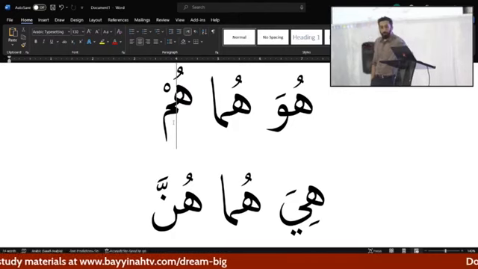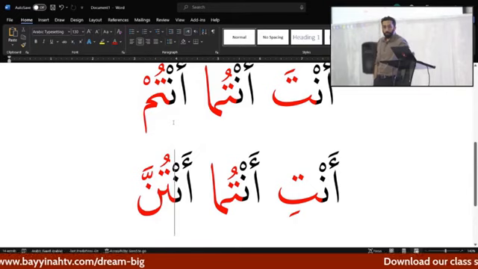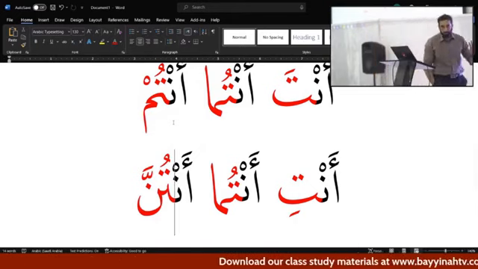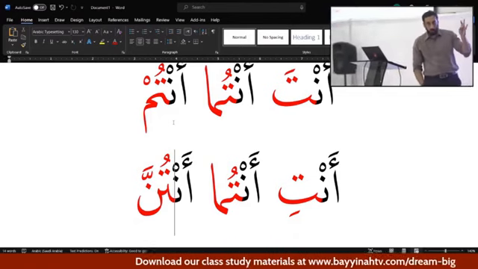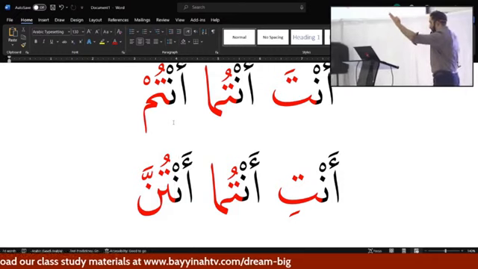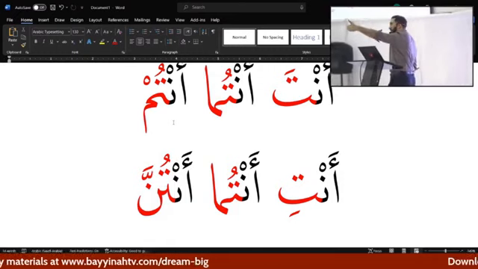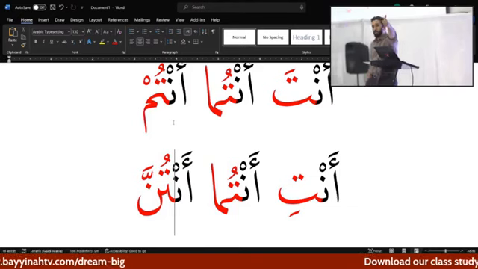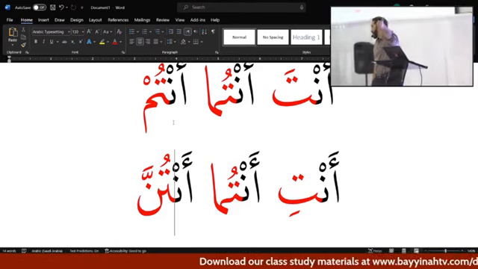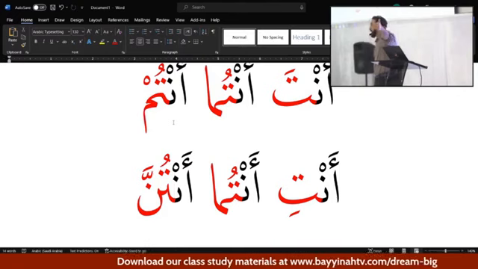Let's try it. If I say, what are the 4 properties of anti? I want status, I want number, I want gender, I want type. Same 4 properties that we've been doing. What's the status? Why is it rafa? Because pronouns are rebels. But it has an E at the end. Do they care?